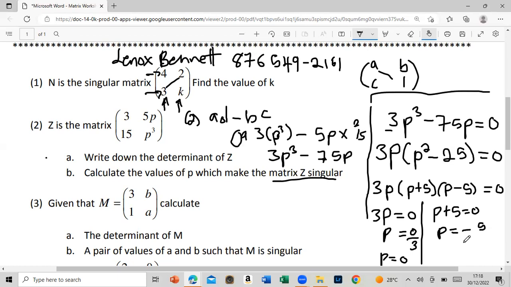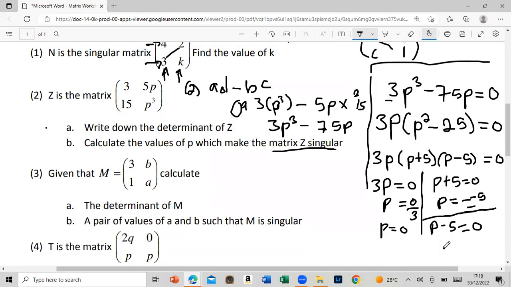So that's another option that can make it a singular matrix. And also when P minus 5 equals 0, P is equal to positive 5. So basically, you have 3 options that can make it a singular matrix: P equals 0, P equals 5, and P equals negative 5.